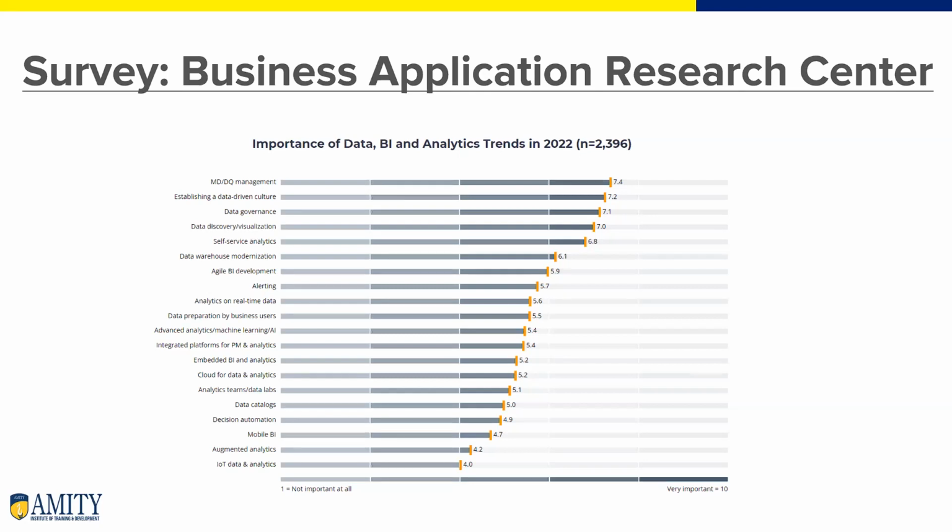Next is data discovery, data governance, self-service analytics, data warehouse. So are you seeing? Everything is about data analytics, data preparation, mobile BI. So everything, the first few top trends are going to be about data. So one cannot then talk enough about the importance of data.